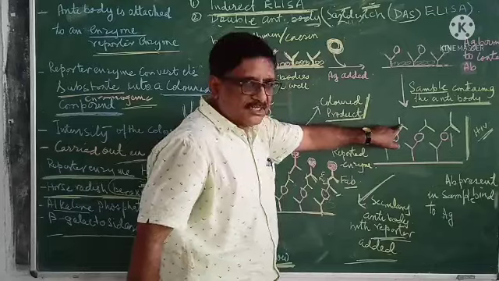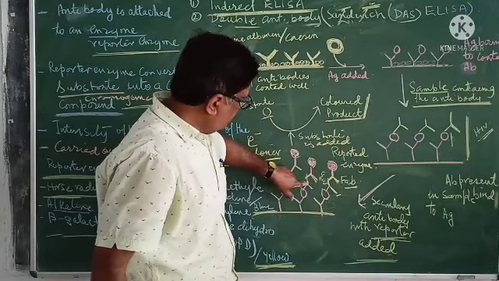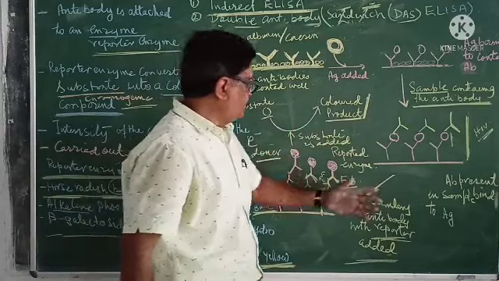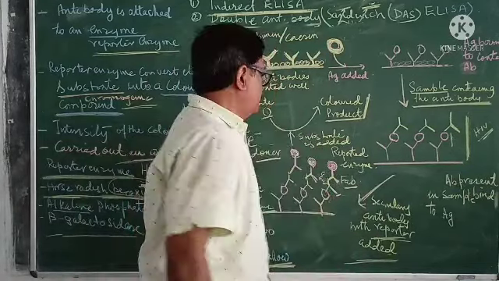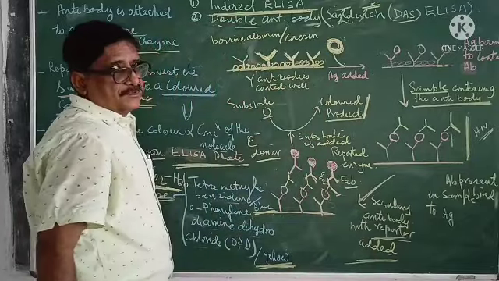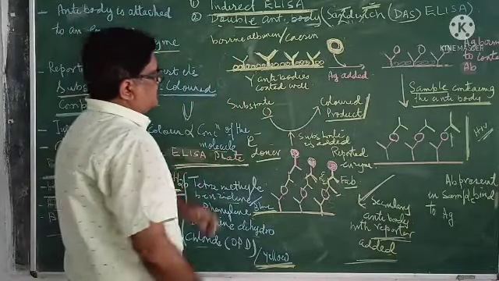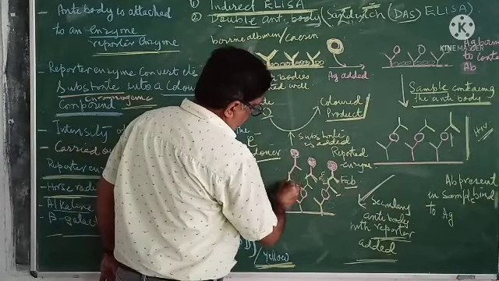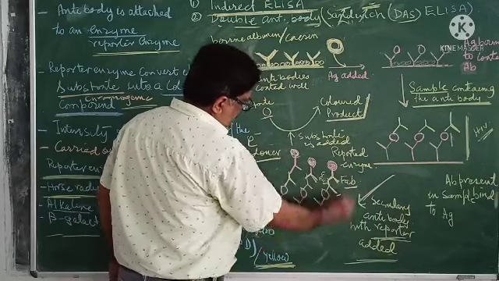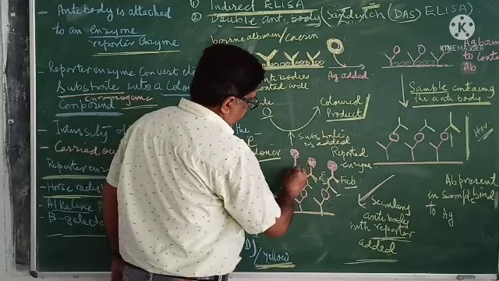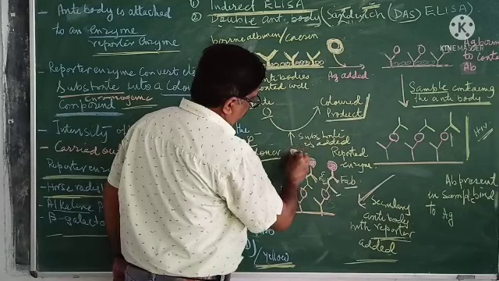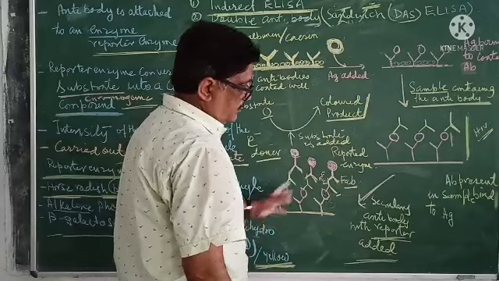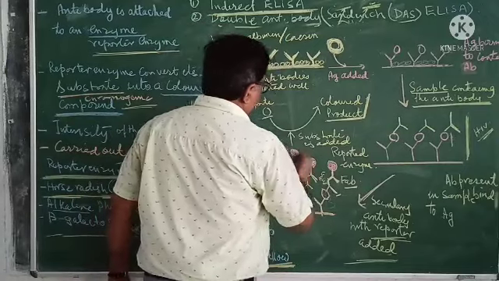Had it not been present, this would not have been attached to this antibody, and during washing they all would be washed off and no color would be developed. So presence of colored product indicates that this antibody is present in the well, to which the antibody containing the reporter enzyme got attached and was not washed off during the washing period, and produces the color.